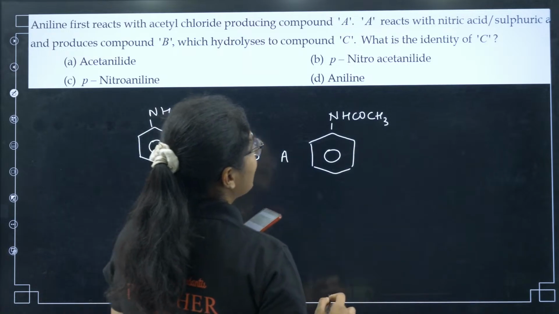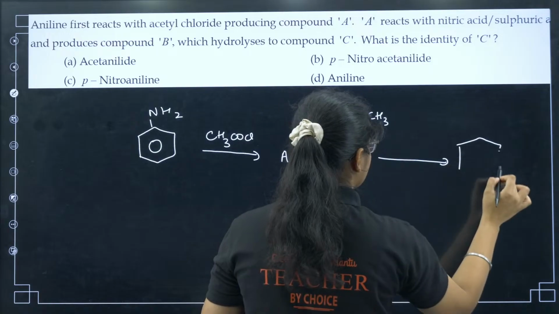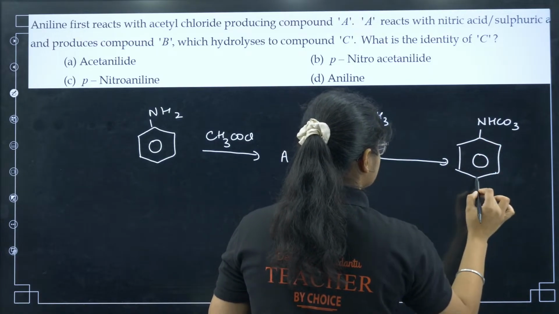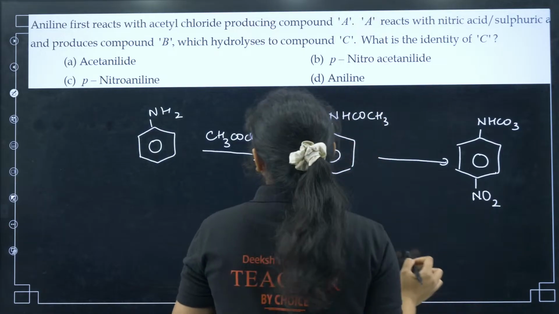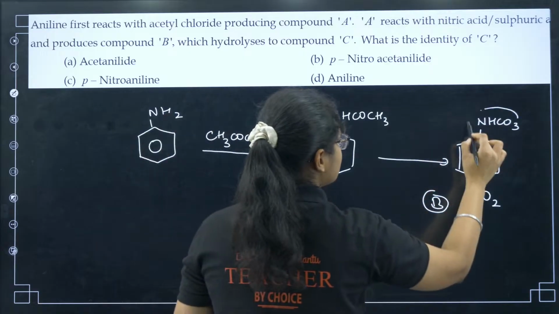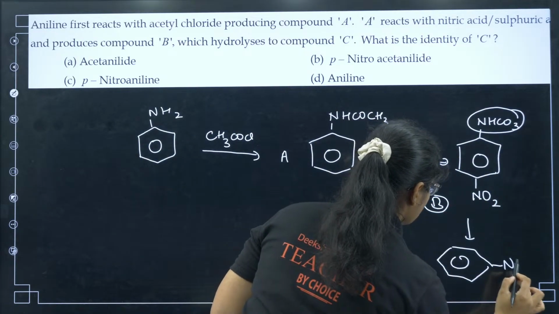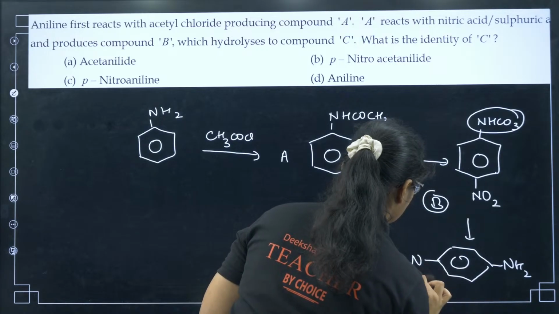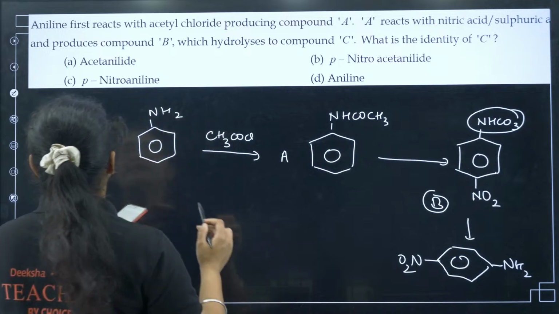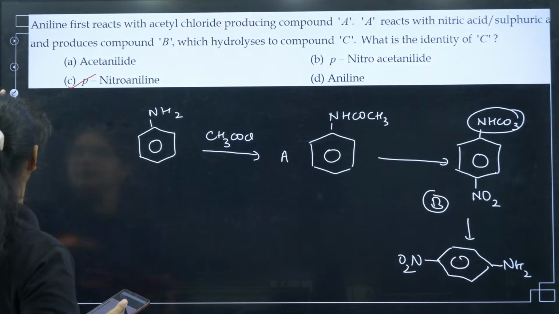Now A reacts with nitric acid and sulfuric acid, produces compound B. That is nitration. The nitro group will be attached to the para position, and this is your compound B. Now when you hydrolyze it, this group is converted again to the NH2 group. NH2 group and NO2 group, so this is your para-nitroaniline. That is option number C here.